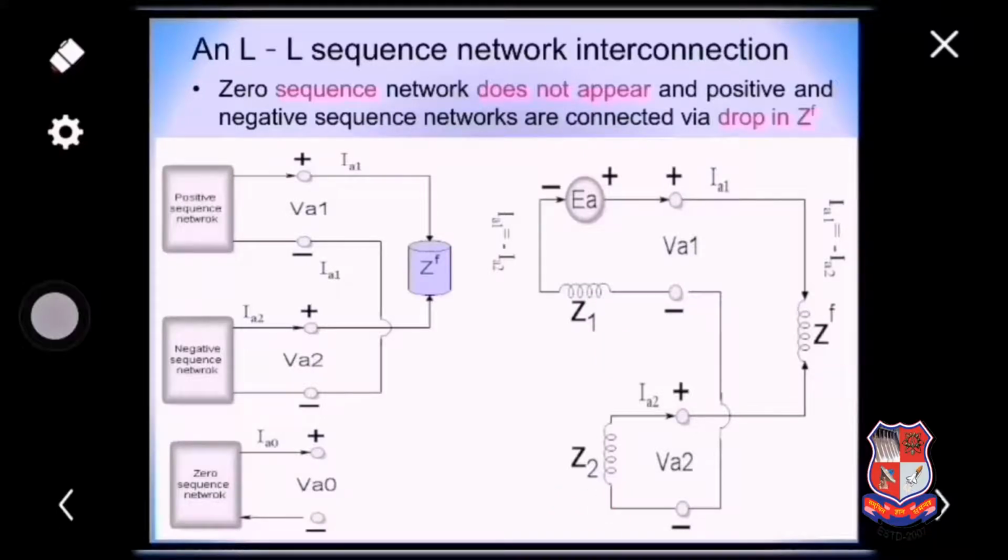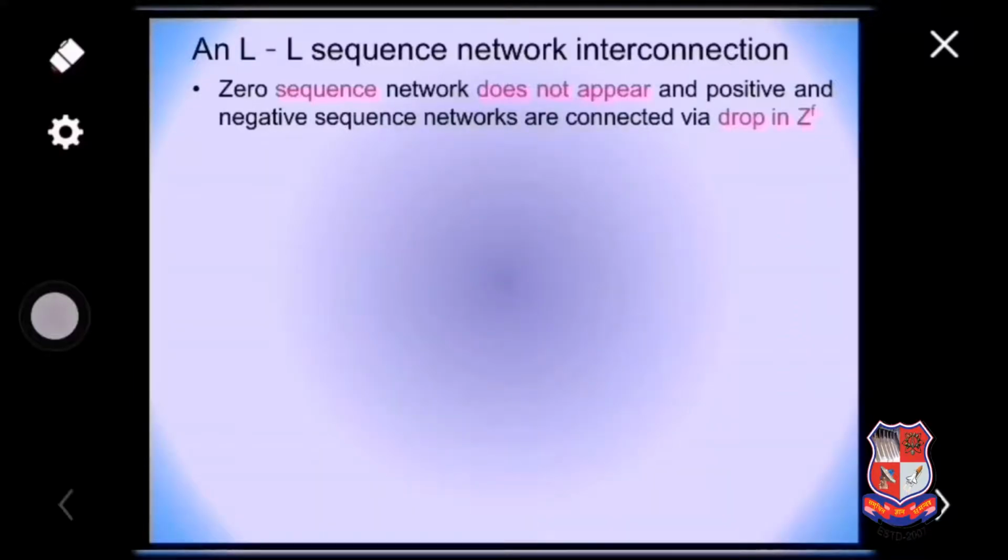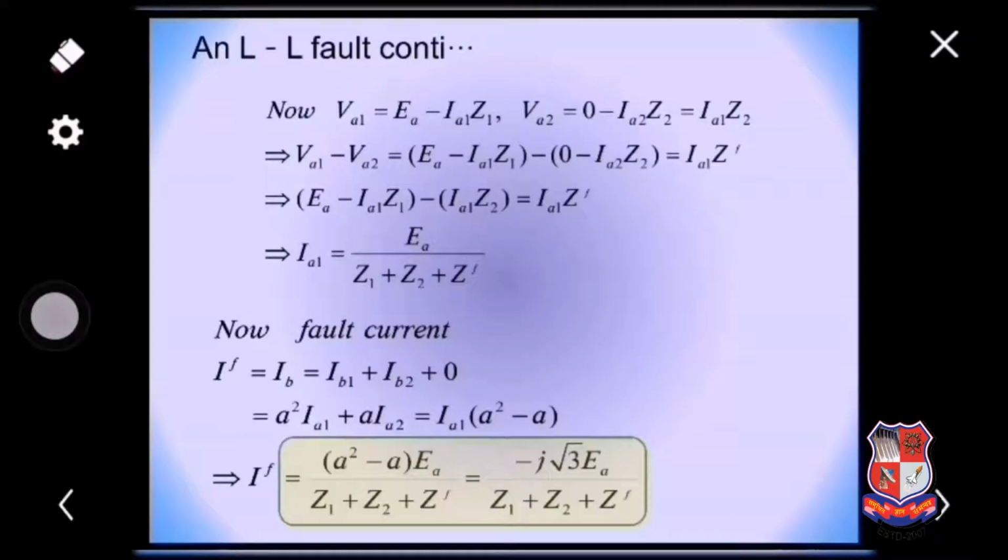So directly looking at this interconnection, we can also easily derive by Ohm's law an expression for the sequence current IA1 equal to minus IA2 equal to V by Z equivalent. Z equivalent is equal to Z1 plus Z2 plus ZF.